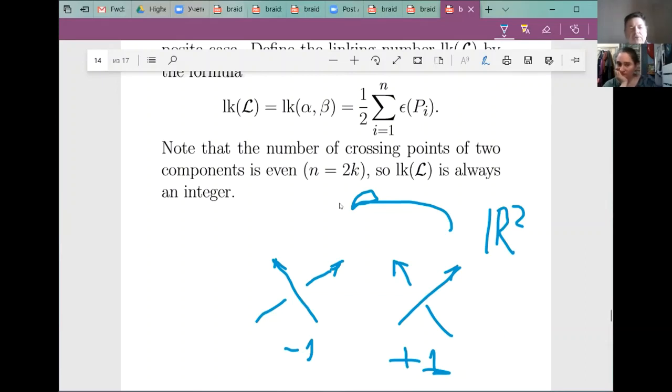So can you tell me why should I always get even number if I had a crossing? Can you explain why it will always be, if I take away this 1/2, this will be always even number? What we are using here?